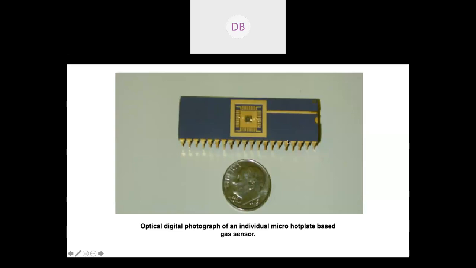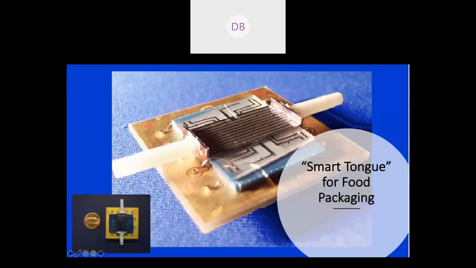Then we have the smart tongue for food packaging. We all know that there are a good number of food industries. We have the lays being generated or the pickles being generated. Every industry needs a quality assessment process at the end of the product developed. So obviously, in the food industry, how is the quality of food assessed?